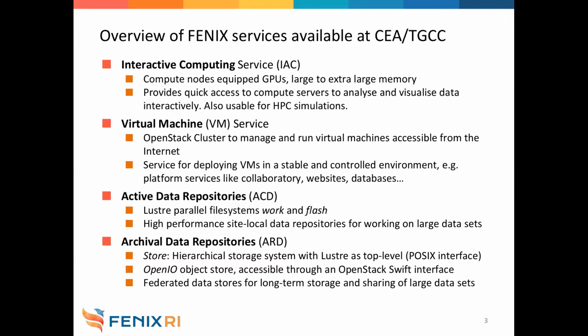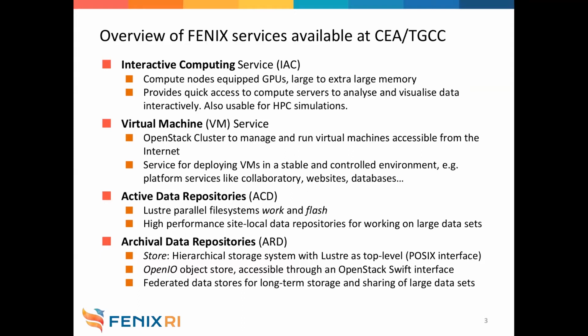The last kind of system is archival data repository. So we provide two of them. One is also a Lustre file system, but which is more capacitive and with migration to tapes for a larger capacity.